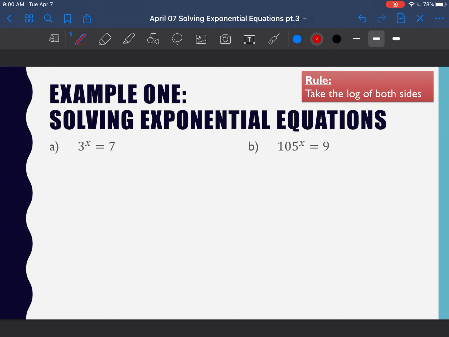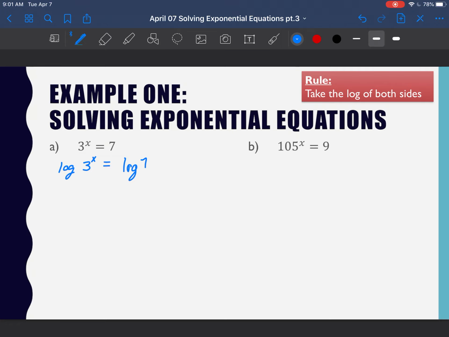So assuming there's no log in the problem, you can take the log of both sides. You're allowed to do that because you're doing the same to the left that you do to the right. So this is what it looks like. You would just literally write log in front of both sides. So log 3 to the x equals log 7.